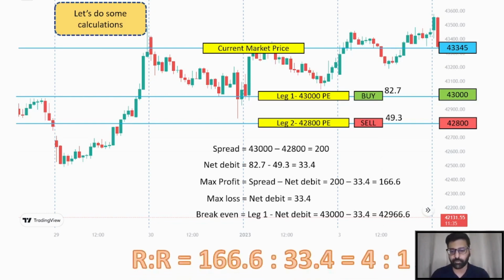All right. So what is the reward to risk for this trade? The max that we can make is 166.3 and the max that we can lose is 33.4. So the reward to risk here is 4:1. Generally these are directional trades, right? So here we would want the reward to risk to be in our favor, because from my experience in directional trades, 40% is a very good accuracy.